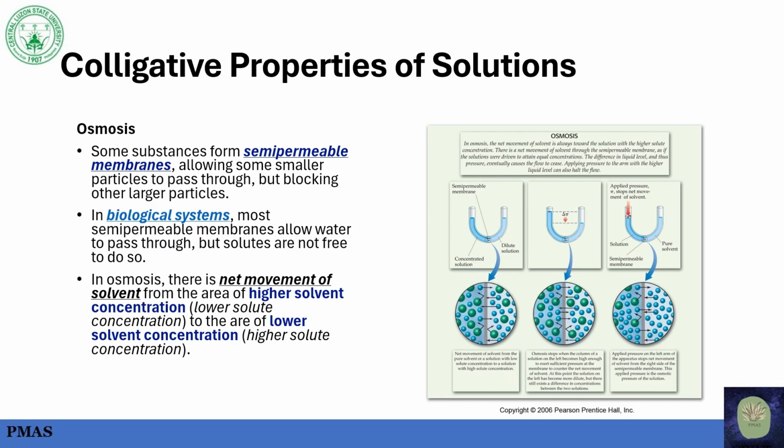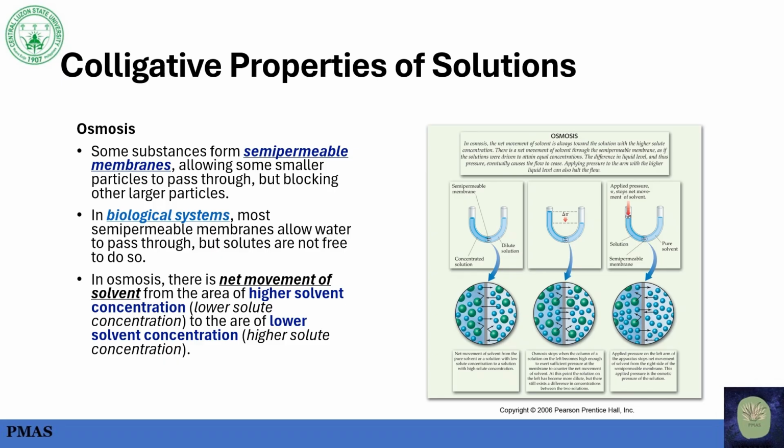Now, for the last colligative property, the osmotic pressure, let us first define what osmosis is. Some substances form semi-permeable membranes, like the cell membranes, allowing some smaller particles to pass through but blocking other larger particles.